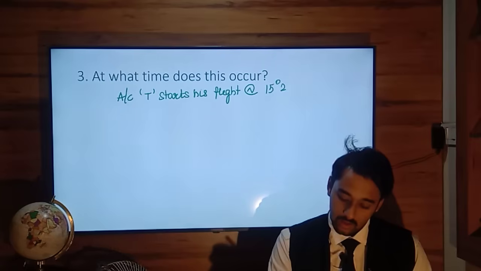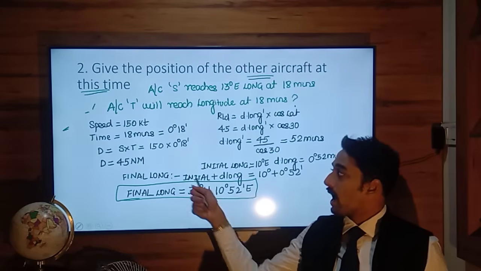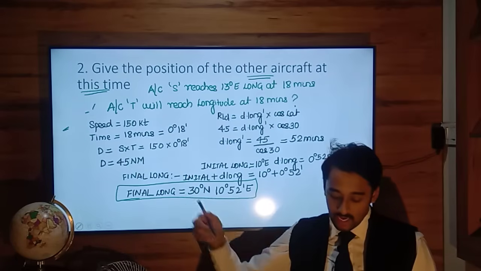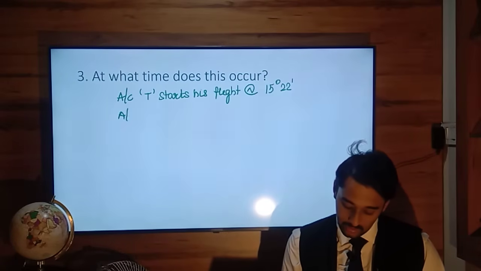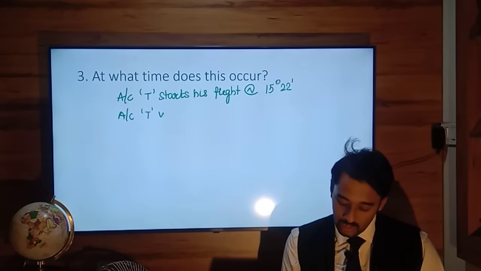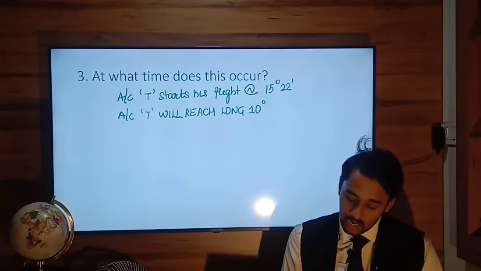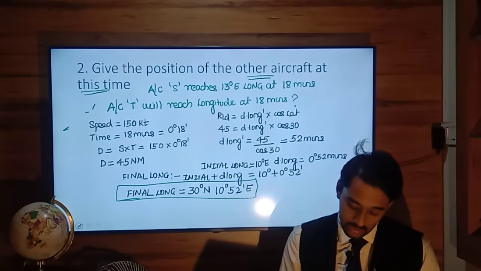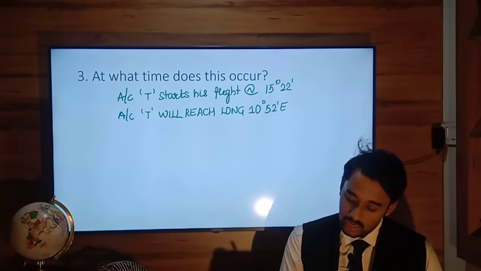So he will reach this longitude at the end of 18 minutes that we calculated. So aircraft T will reach longitude 10 degree 52 minutes east at what time?